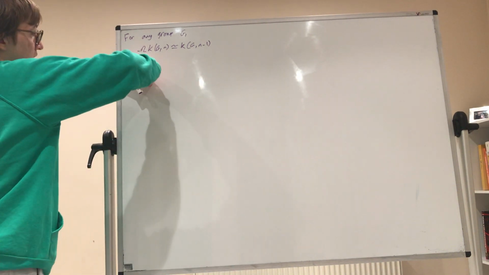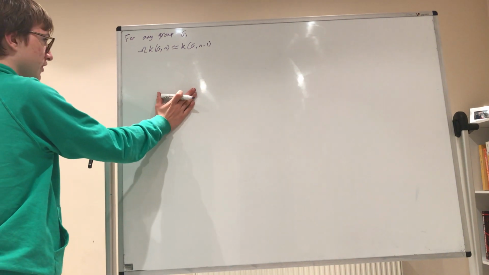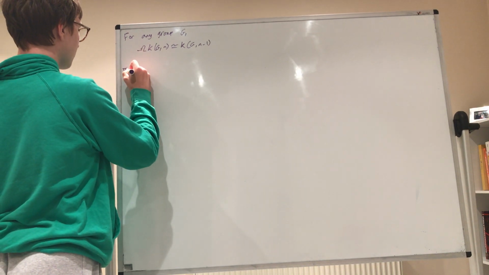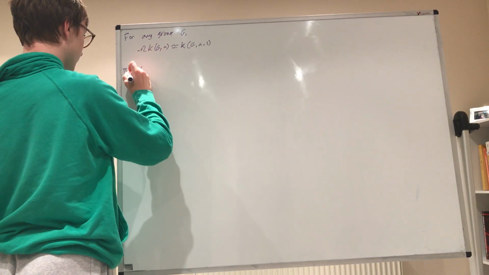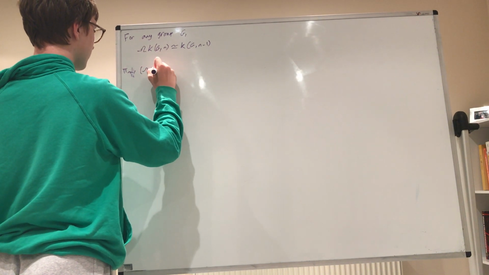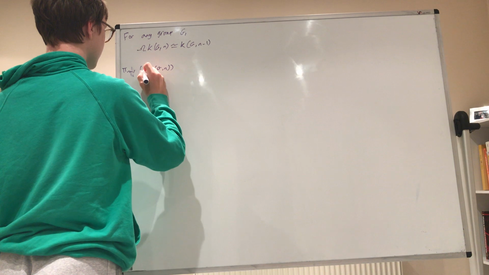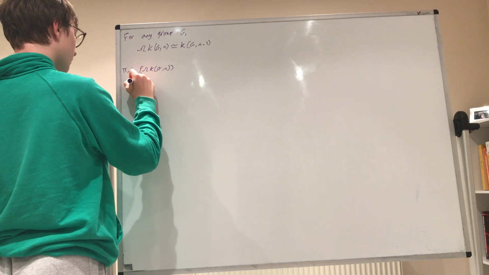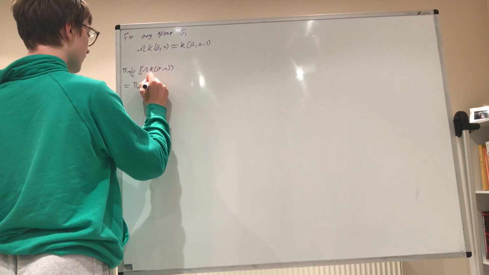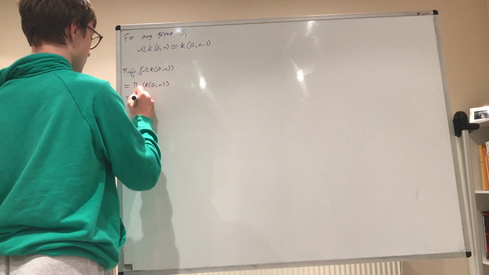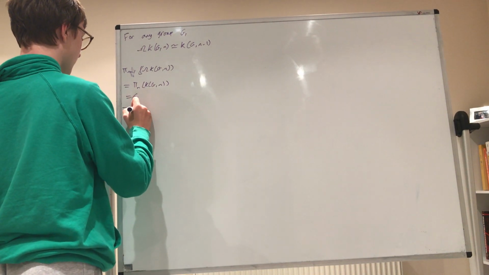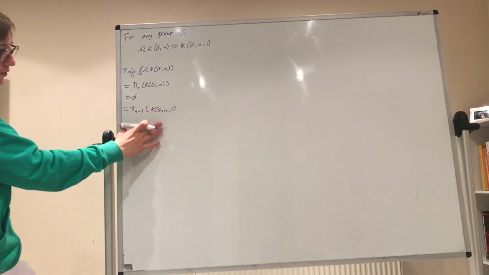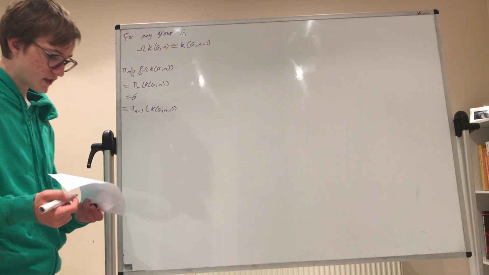Let's apply pi n-1 on both sides, so they have identical homotopy groups as the claim. Well, pi n-1 of the loop space of K(G, n) is equal to pi n of K(G, n), which is equal to G. But this is all equal to pi n-1 of K(G, n-1). So that's the sanity check that we need.